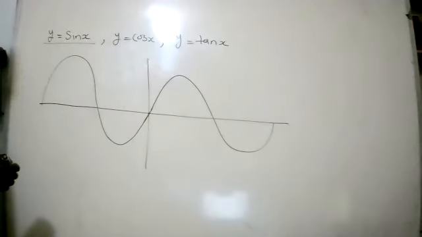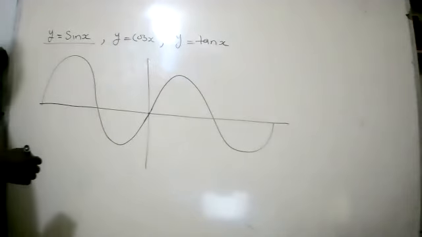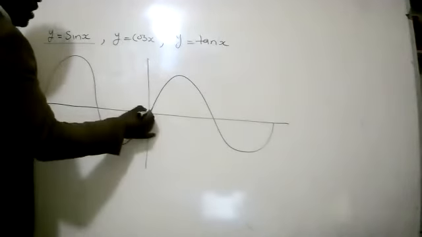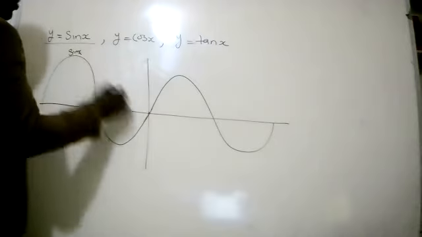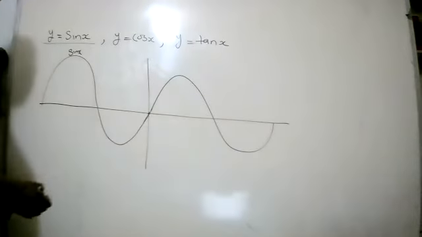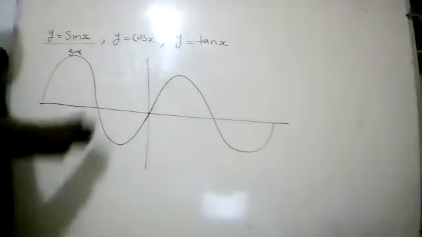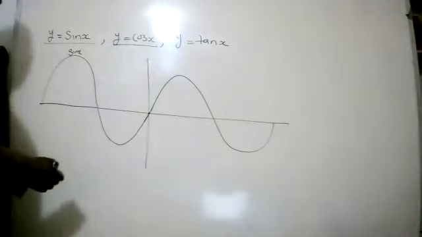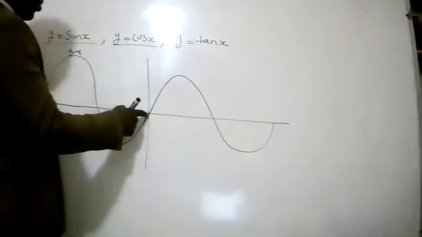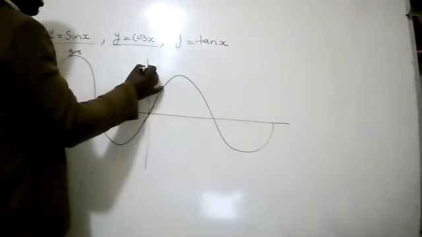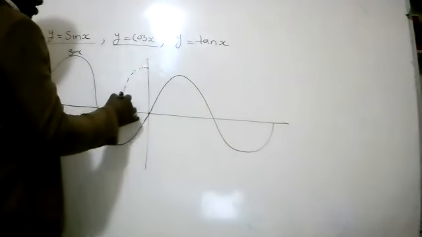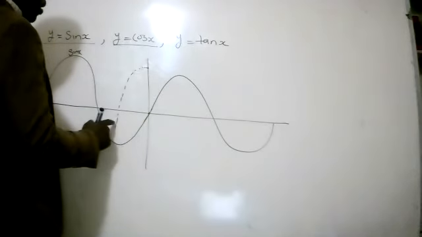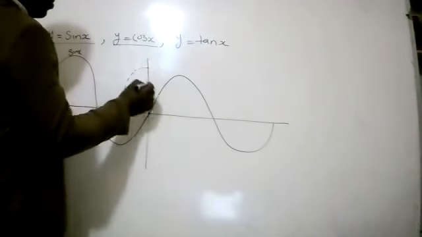Take note of the fact that this graph of sine passes through the origin, like here. And then the second graph, which is cos, doesn't pass through the origin. So it must have a turning point somewhere up there, and it's going to be given in this form.